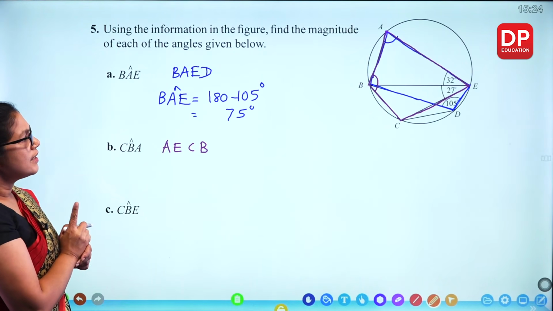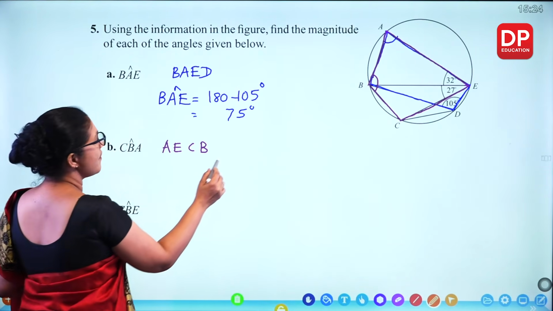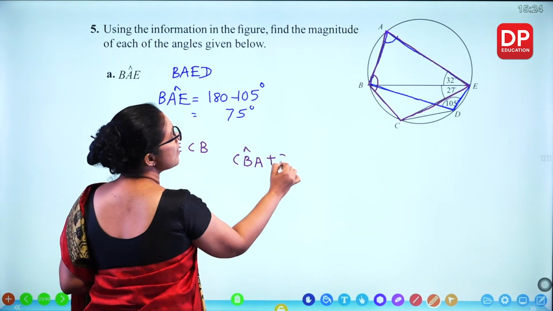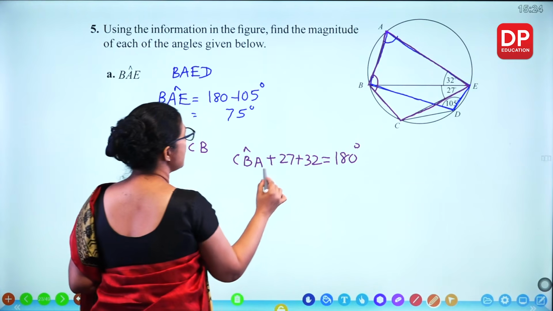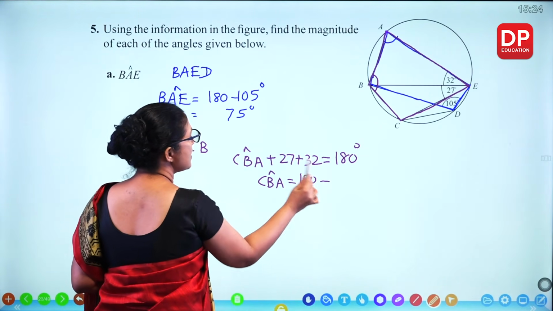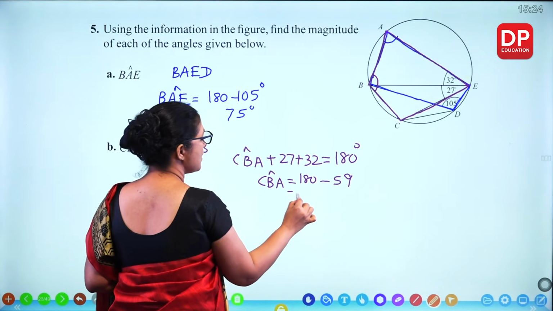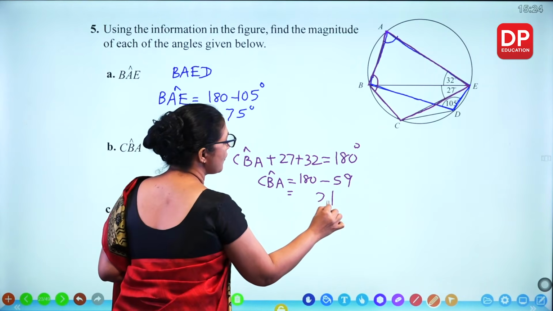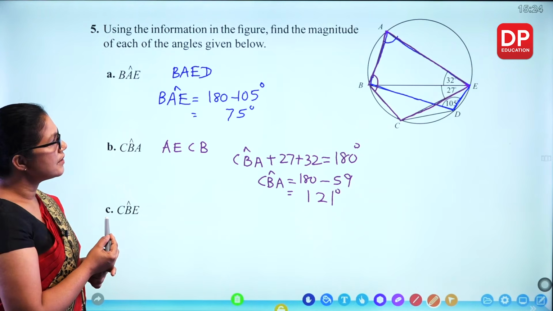B angle with 32 and 27. So we can write B angle, CBA plus 27 plus 32 is 180. So CBA angle is 180 minus the sum. You get 59, so you get 121 degrees for CBA angle.